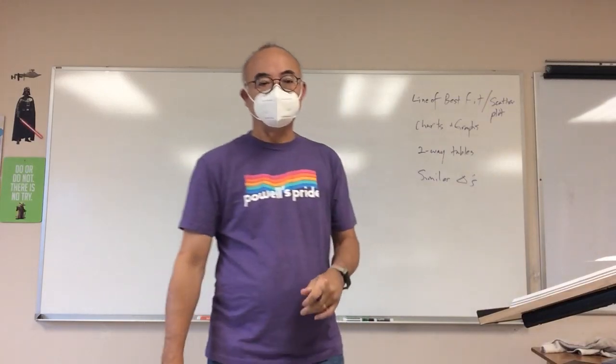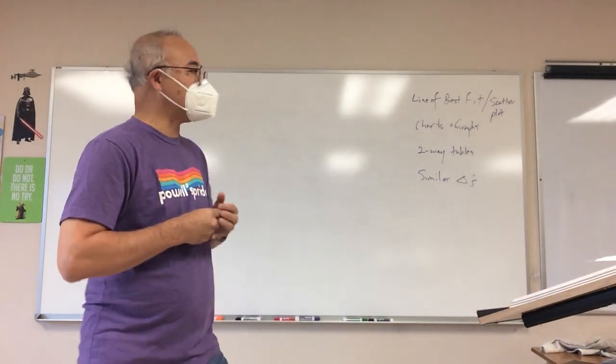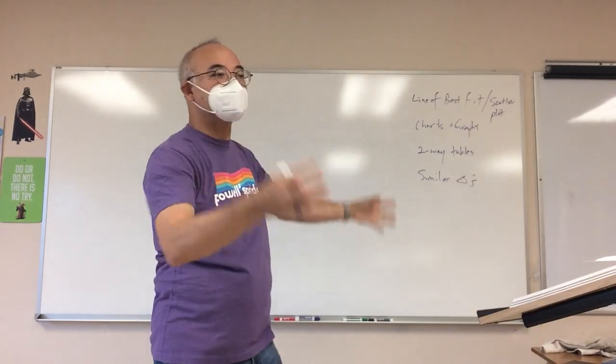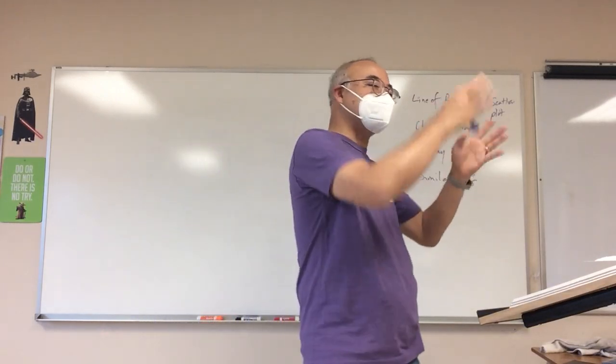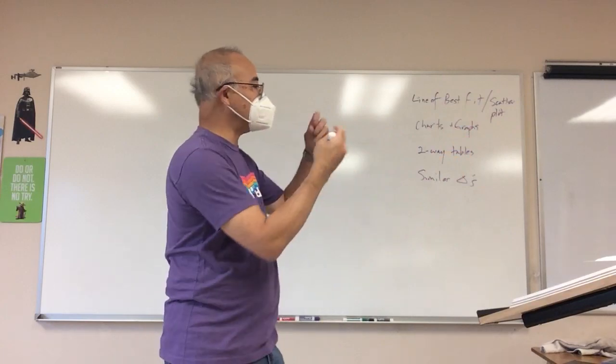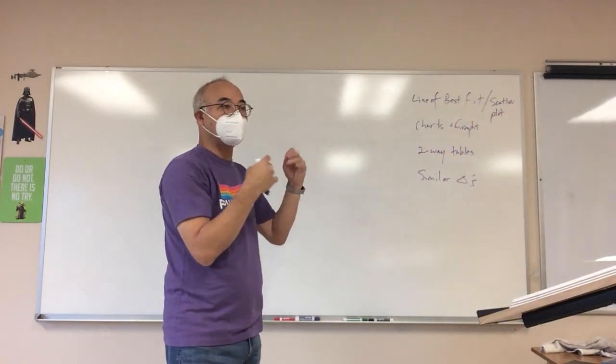What is a scatter plot? Scatter plot is when I give you a bunch of data, right, with X and Y, and you have to then plot it onto a graph, right?